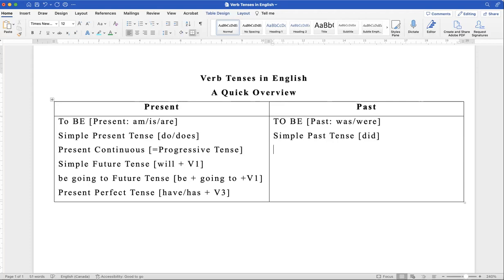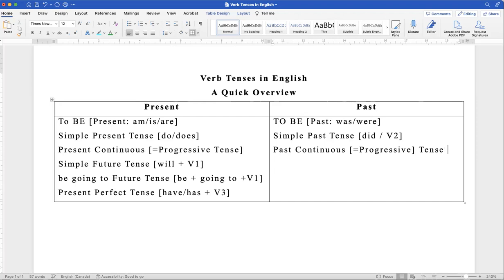And in positive sentences, we use the past form of the verb. And we have past continuous tense. Again, in some grammar books, they say past progressive. Progressive is another word for continuous.